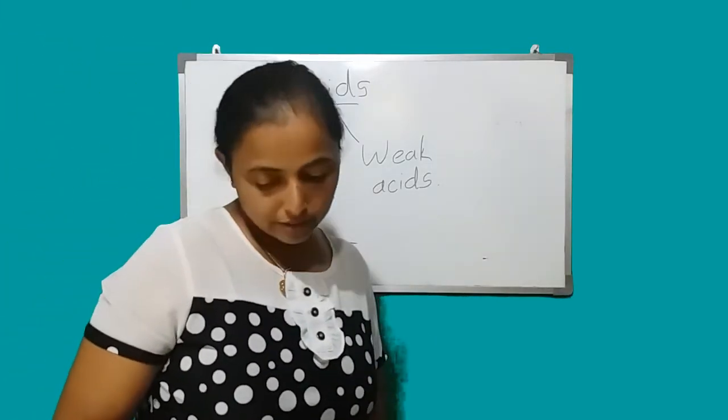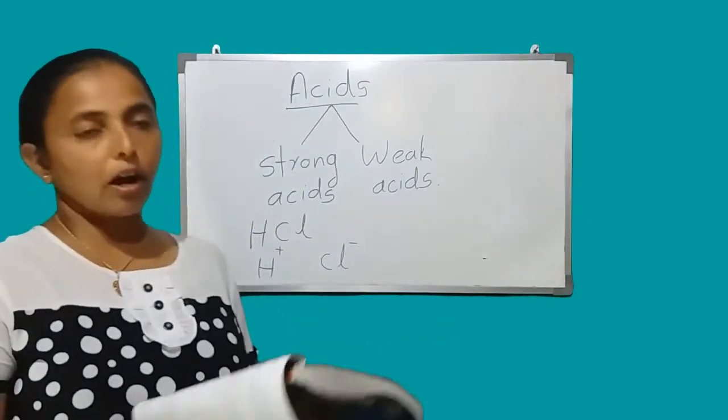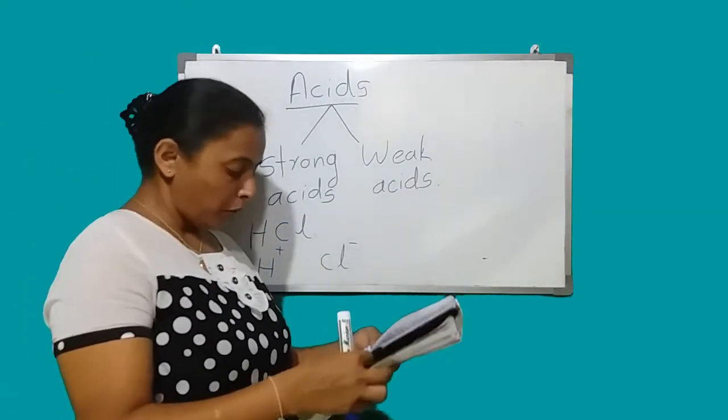Examples for weak acid: acetic acid, carbonic acid, and phosphoric acid.